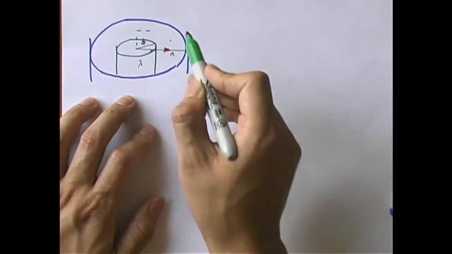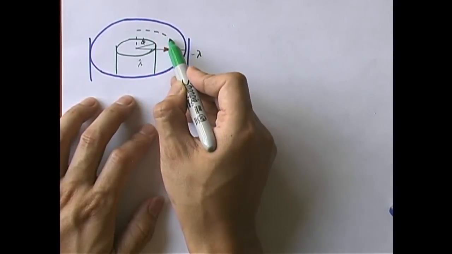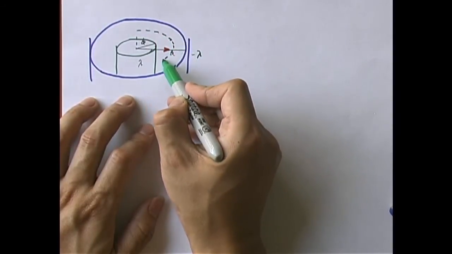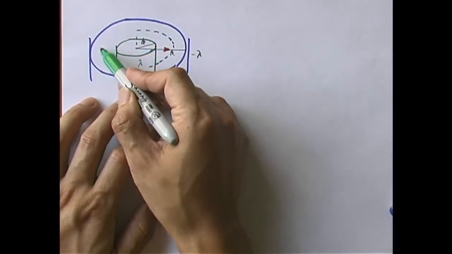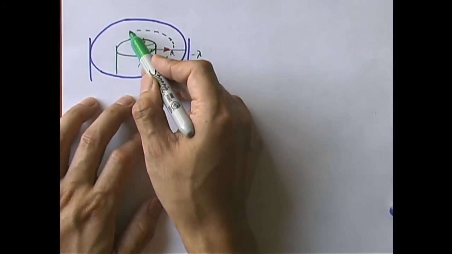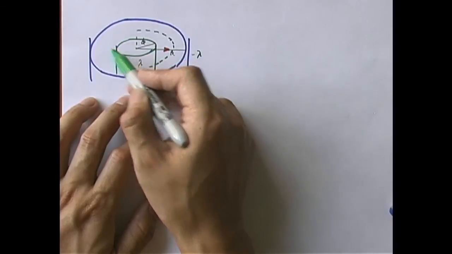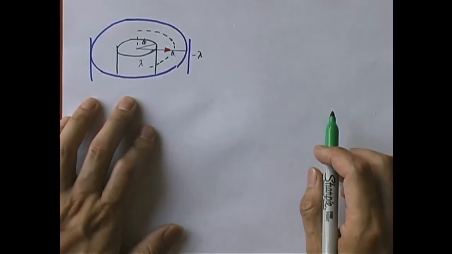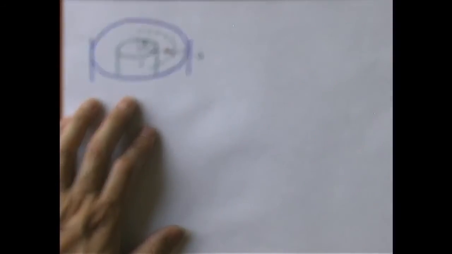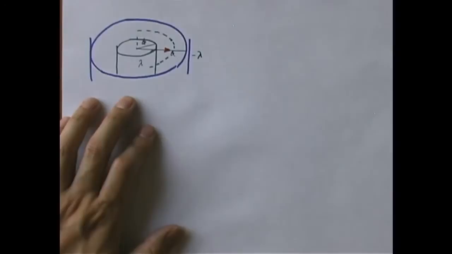As you learned, we would draw an appropriate Gaussian cylinder like this, of radius r, and because of the symmetry, the electric flux only goes through the side of the cylinder, and so on and so forth. We went through all this discussion before, in the previous chapter, a number of times.